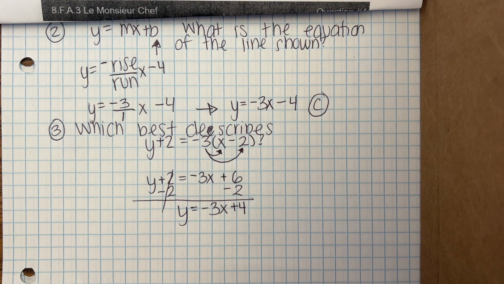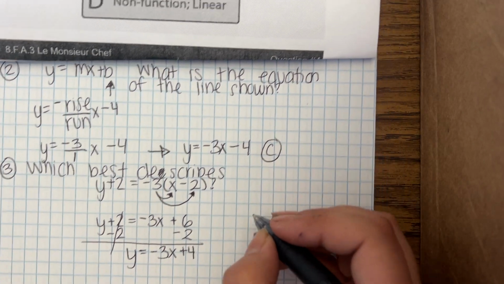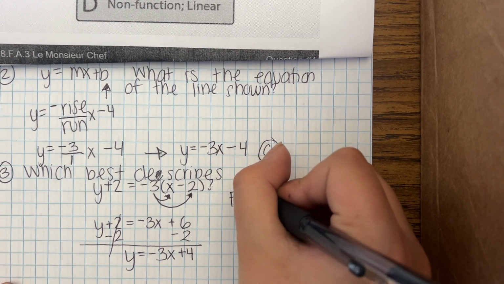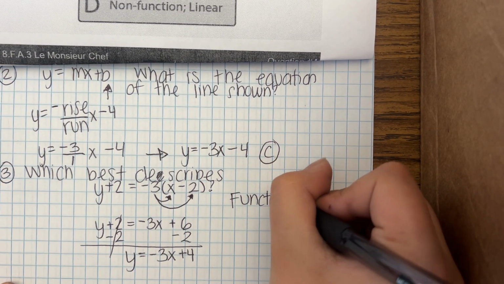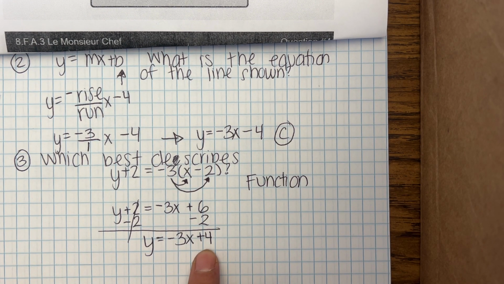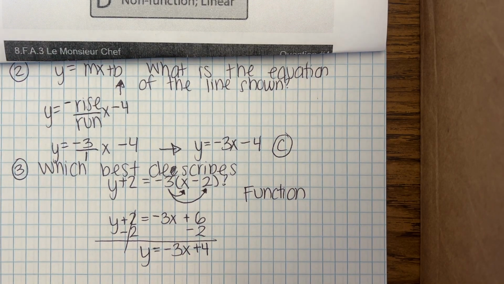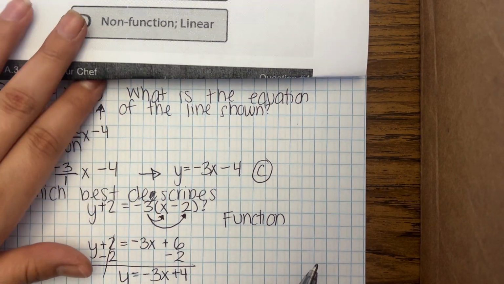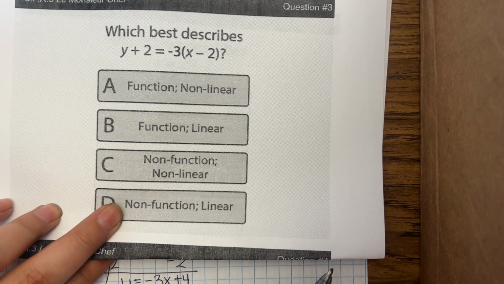Okay, so it says, is this a function? Is it a function? Yes. Remember we learned about that previously. So a function, because it would pass a vertical line test. But is it linear or nonlinear?